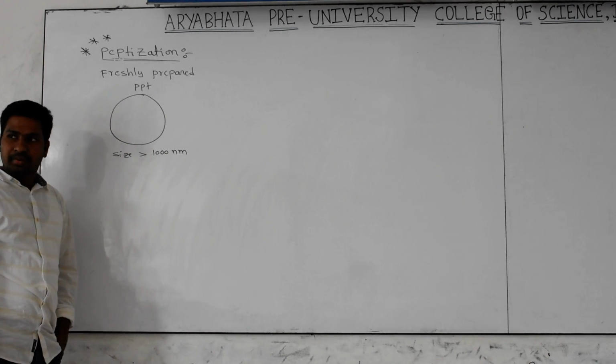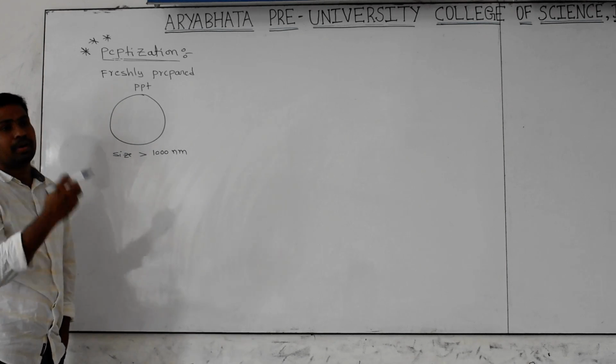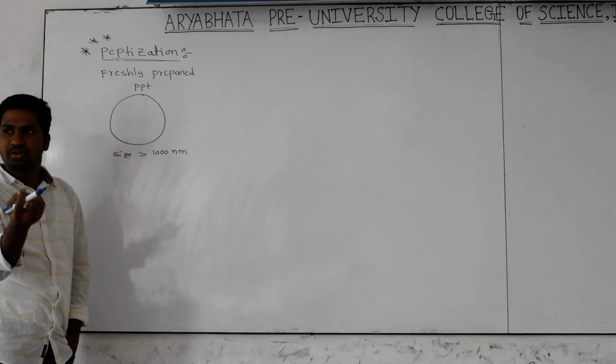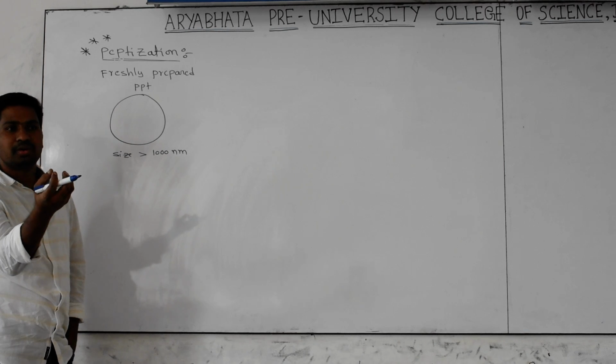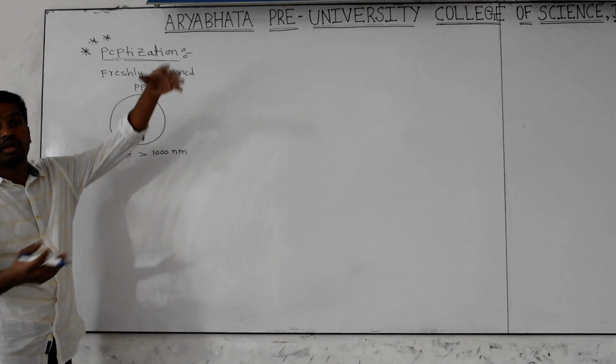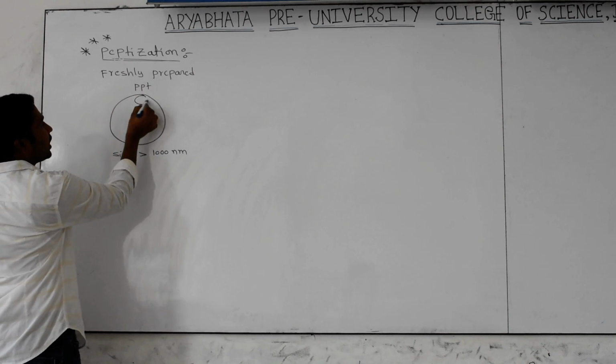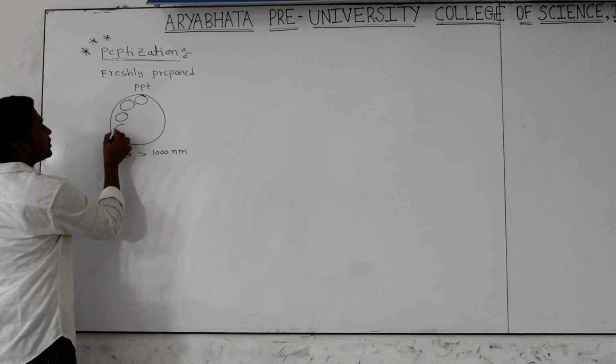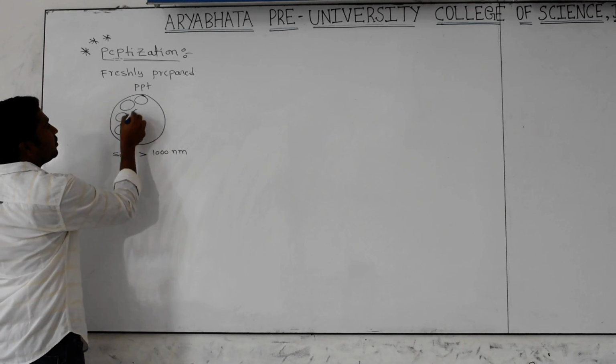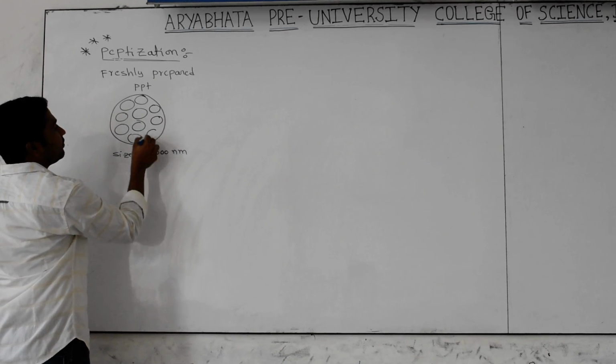Precipitate means, is it a single particle? No, it is a group of particles. Take sand, which is not a single particle. So many sand particles are aggregated together. Its size should be more than 1000 nanometers, falling as a precipitate. So many small sized particles will be there.